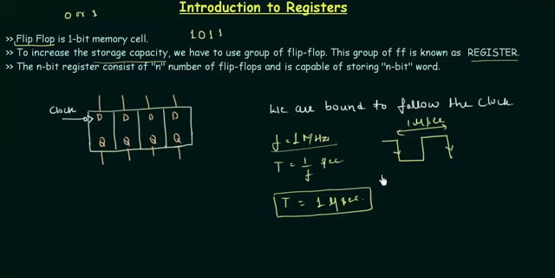So after every 1 microsecond, whatever you store in these flip-flops will get changed. For example, if I want to store 1 0 1 1, then I have to simply give 1 as the input to this flip-flop and 0 as the input to this, 1 and 1 in the same way for the last 2 flip-flops. And when the next falling edge arrives, this value will get changed, that we don't want.